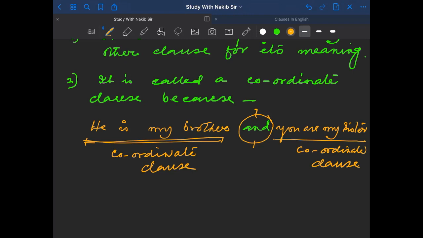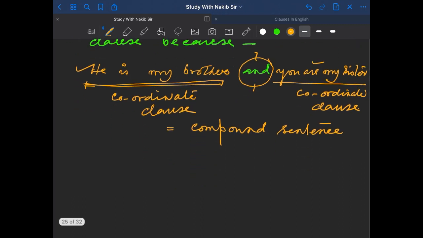For this they are called coordinate clauses, and the sentence is a compound sentence. Sometimes a compound sentence is also called a double sentence, because it is a sentence. For this, in English grammar, a compound sentence is sometimes called by some people a double sentence.